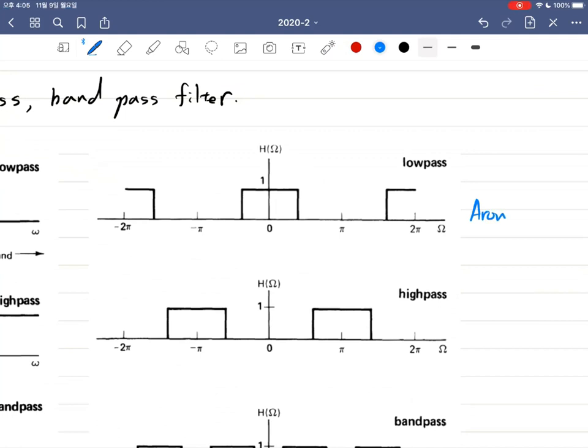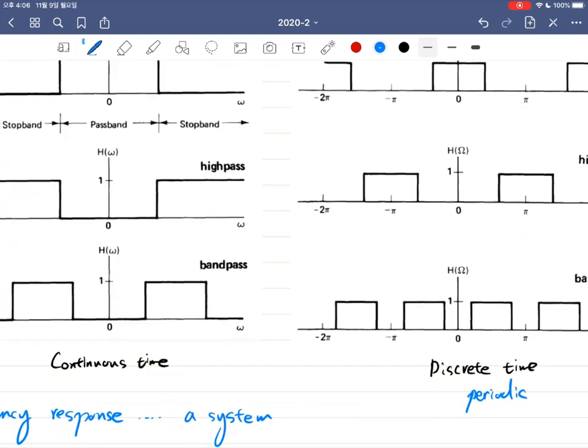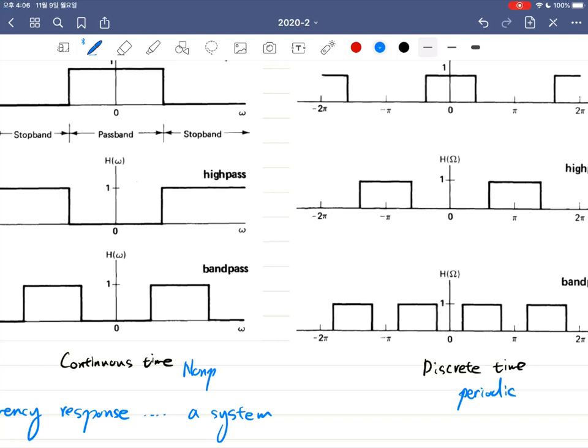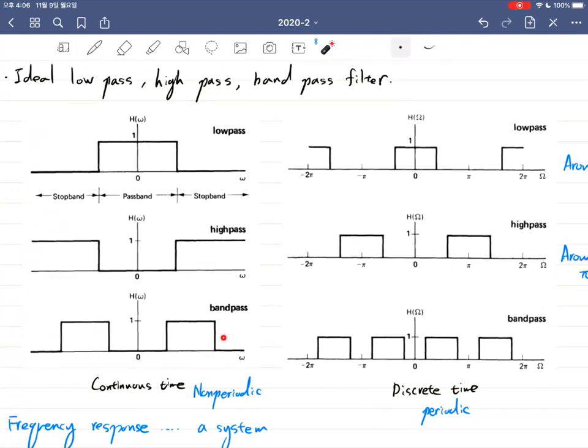So low-pass filter has the value around 0 radian per second, and high-pass filter has values around pi radian per second. And you can see the discrete time is periodic in frequency domain, and it is not periodic for continuous time case.